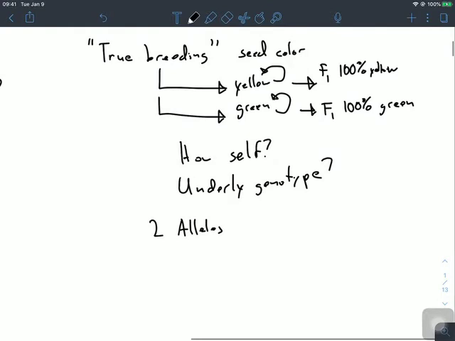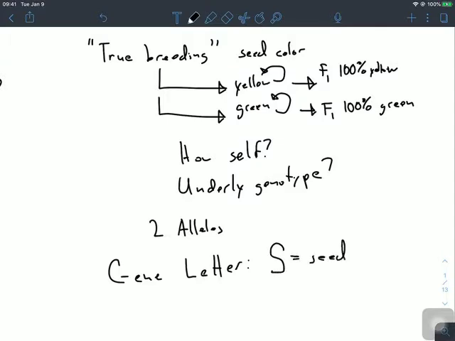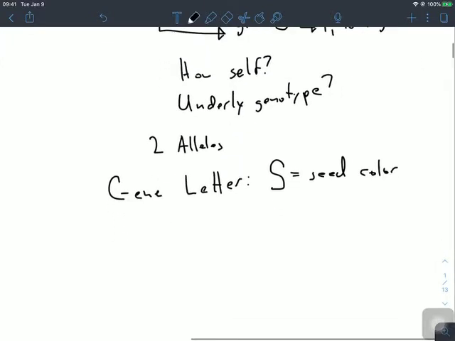So you are always going to give a gene letter. And in this case, if you want it to be seed color, you can go ahead and use the letter S equal to seed color. That is our gene. In order to indicate our alleles, you're going to write S with the subscript G. This will be our green color.